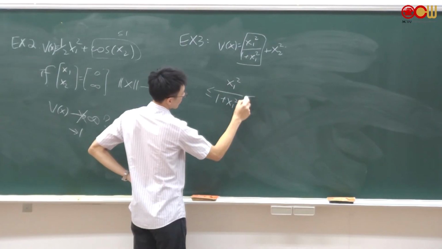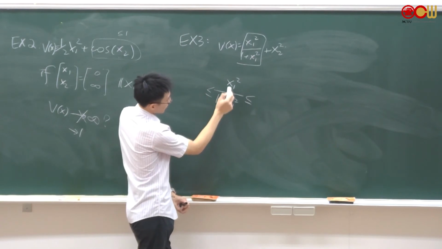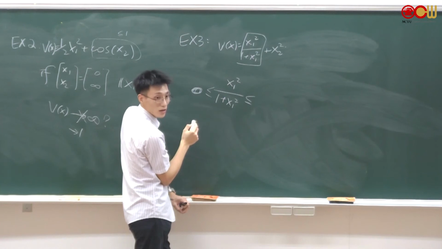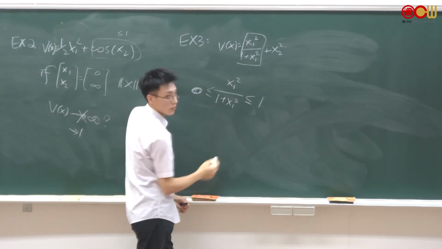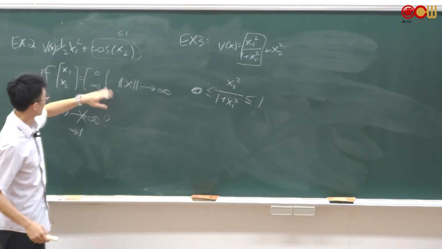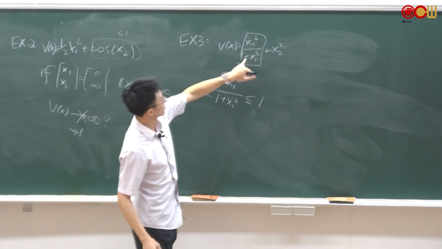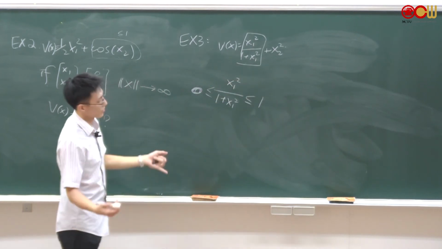If x1, x2 is 0, it is lower bounded by 0, right? If x1 goes to infinity, it is upper bounded by 1, which is similar to this. If x2 goes to infinity, this could be upper bounded by 1, and for this, x2 could be 0.